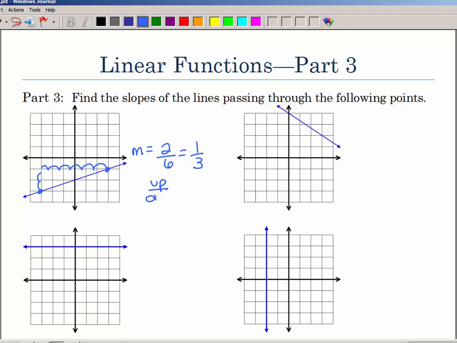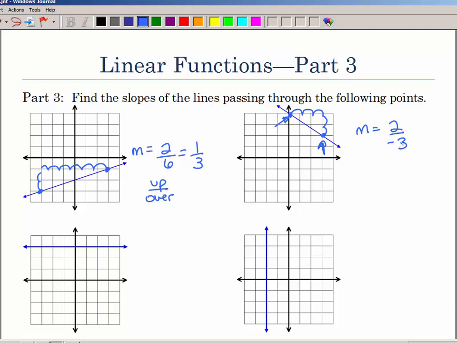Up, over. Right? So let's pick a point here and pick a point here. But instead of starting at this point, I think I'll start at this point. So yes, I have to go up 2, but I need to go over left 3.